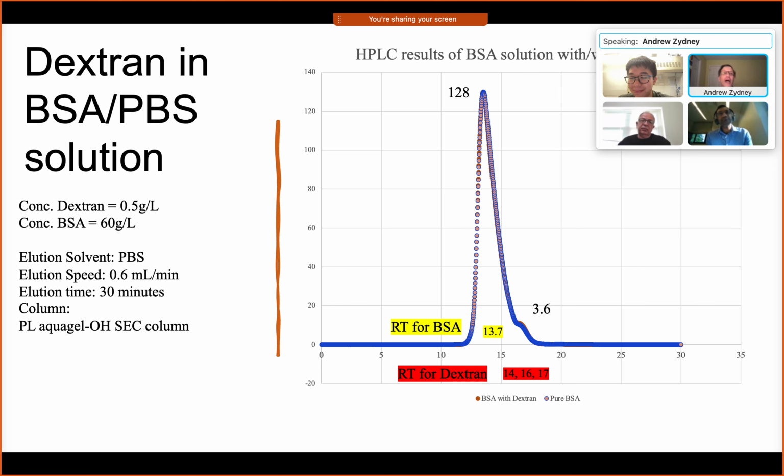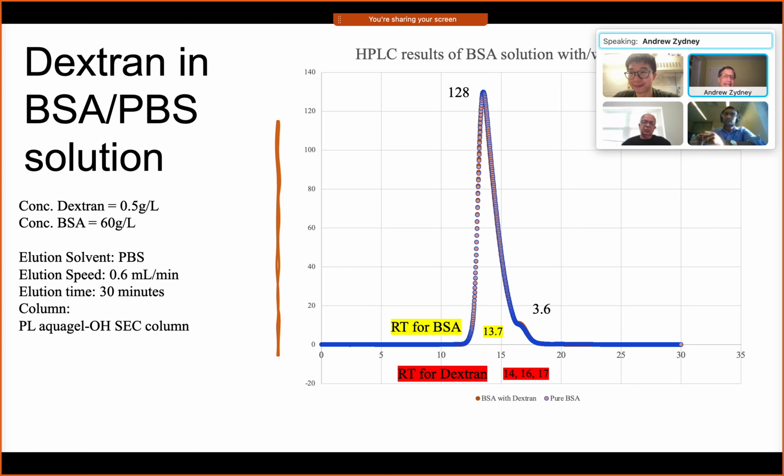So if you needed to do experiments this way, you would typically find a positively charged ion exchanger, a Q resin. You'd run the BSA through, all the BSA would stick, and you'd end up with a sample that is only dextran that comes out of the column. And then you would take that and run it through a second HPLC using the aquagel column.